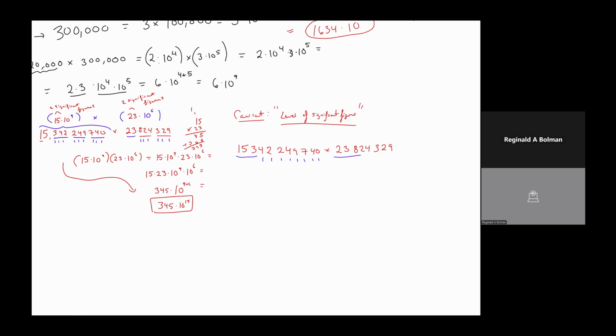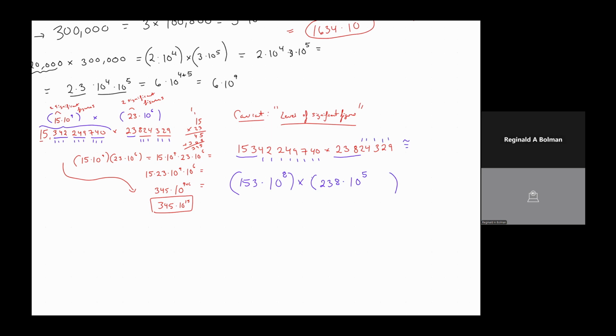So you'd say I've got 153 times 10 to the eighth, and I'm going to be multiplying this by the 238, because I have three significant figures, but times 10 raised to the fifth because now I have only 5 digits behind my 238.